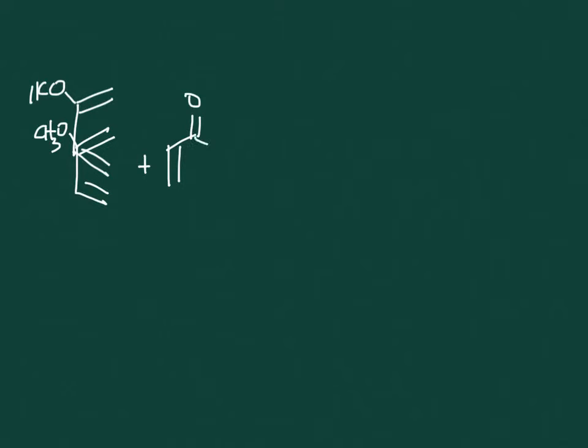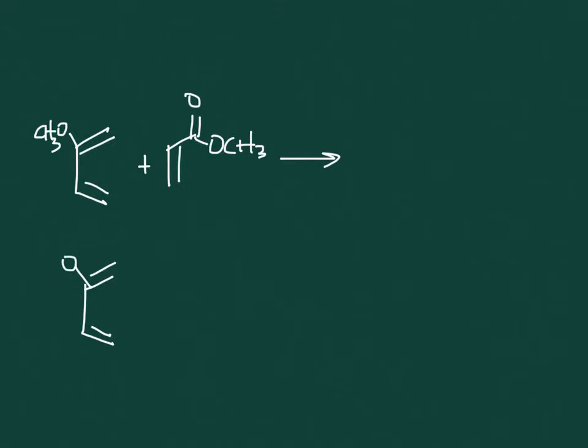Now let's look at the case when we have a substituent on C2 of the diene. Here's our diene. And we'll use the same dienophile because we know where the partial positives will be. Let's draw the resonance structures to figure out where the partial positives will be.